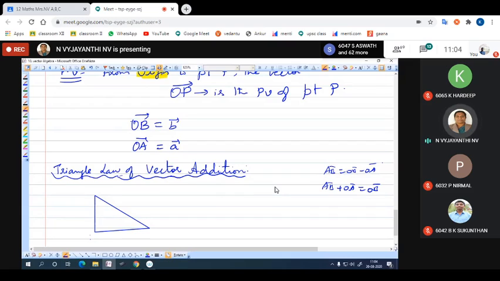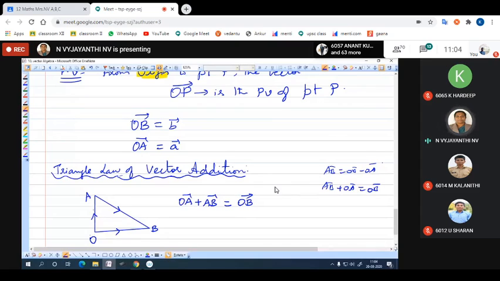So let us consider triangle OAB. Here OA vector plus AB vector will be equal to what? OB vector. So this is called the triangle law of vectors.